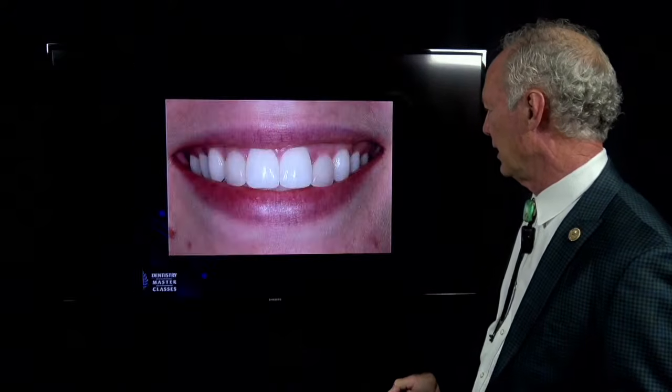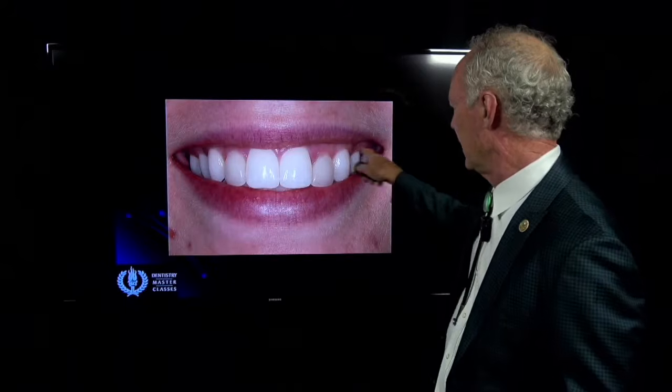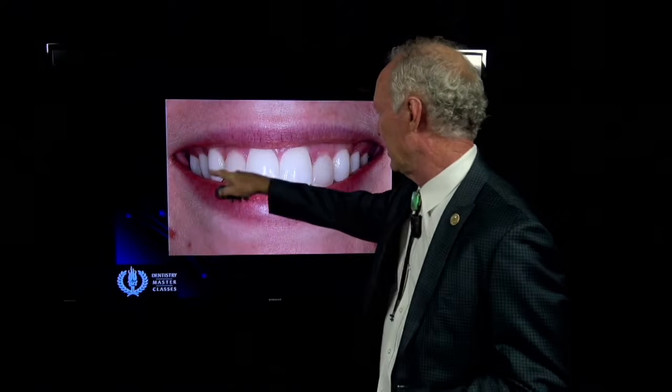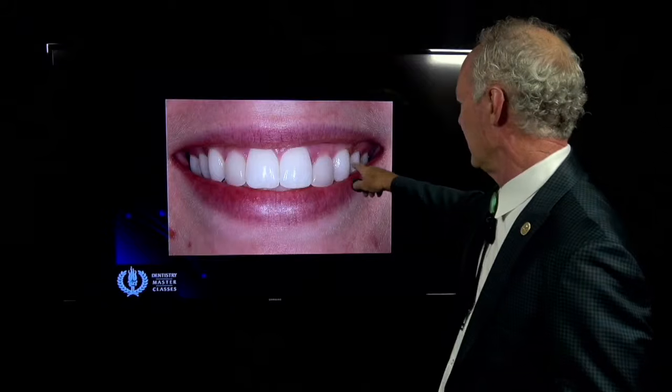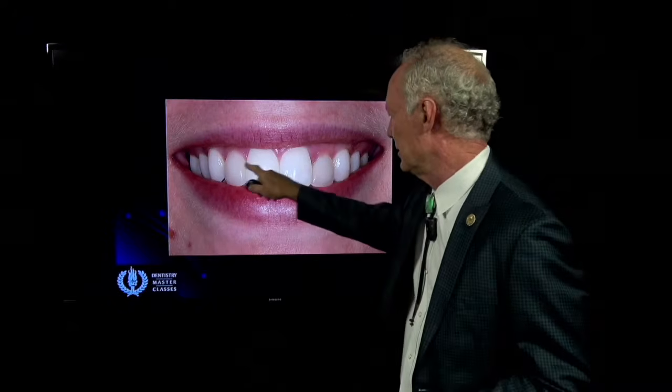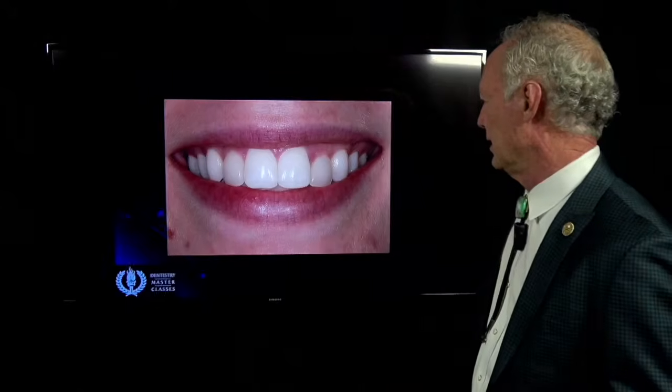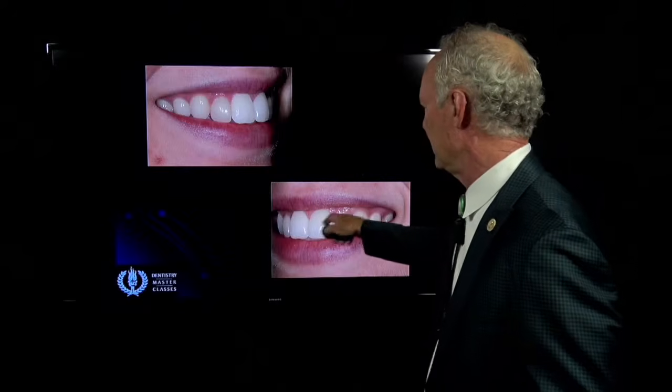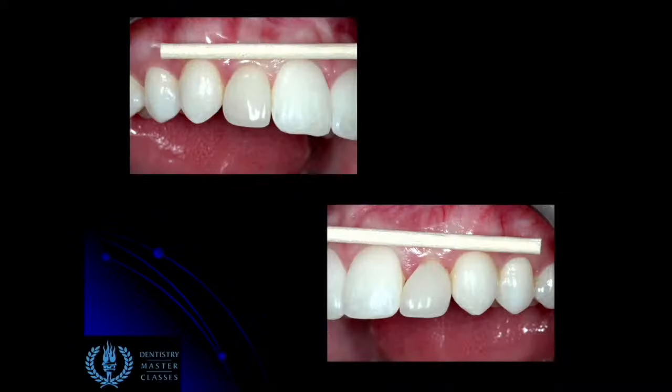Number one, the veneers are dark, but number two, the gingival line there is asymmetrical. See this, the gingival line should be parallel to the incisal plane. She's got a beautiful tooth shade, but the veneers don't match the adjacent teeth, and this gingival line is not good.